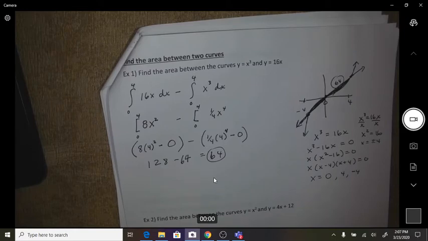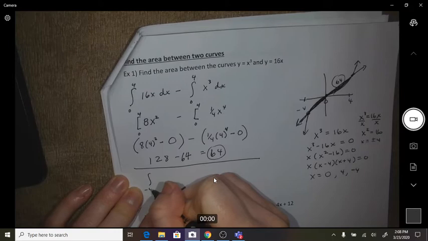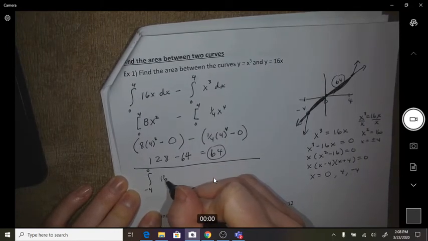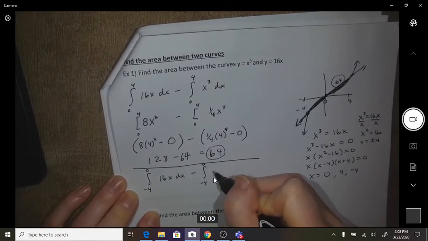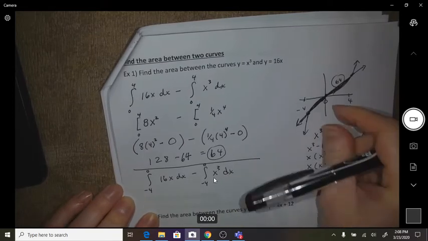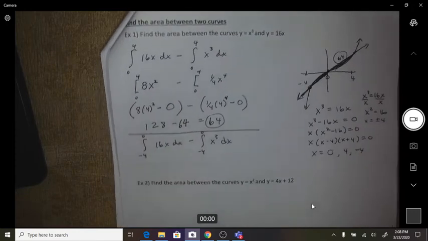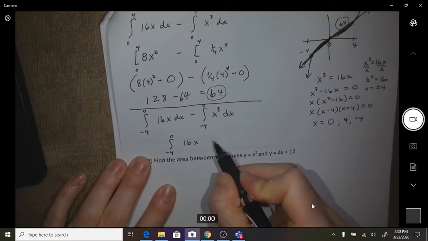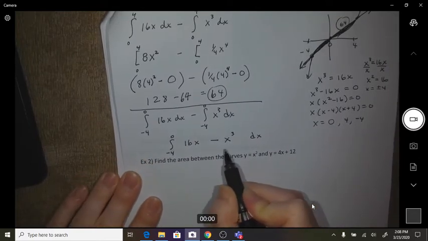Okay, and then I would do the same thing, and I'd go from -4 to 0. And now I would do this region. With area, you can put them together and do one integral, as in this piece. Okay, this will come out to the same.